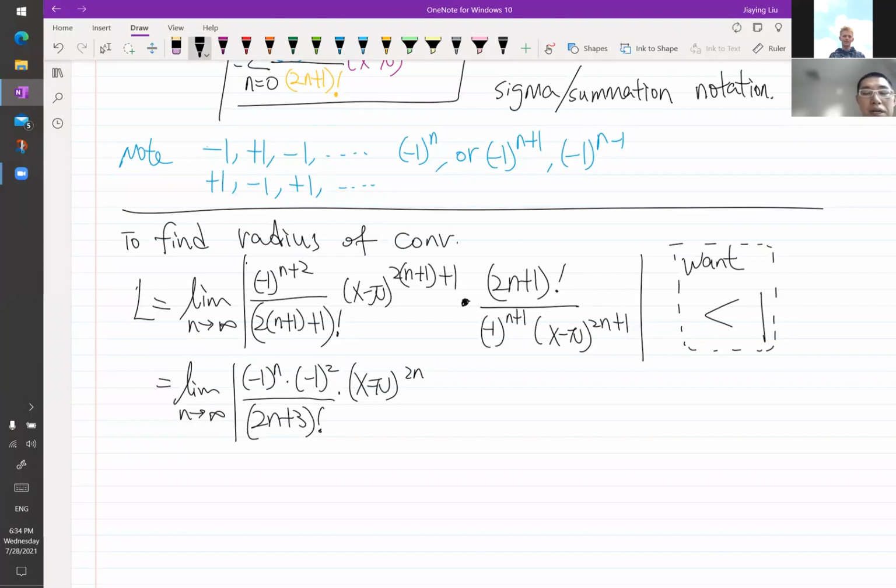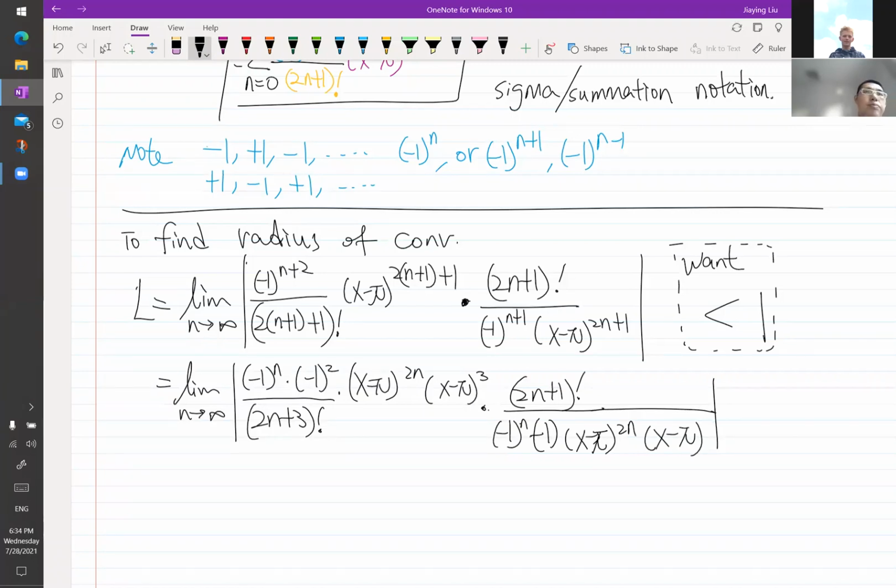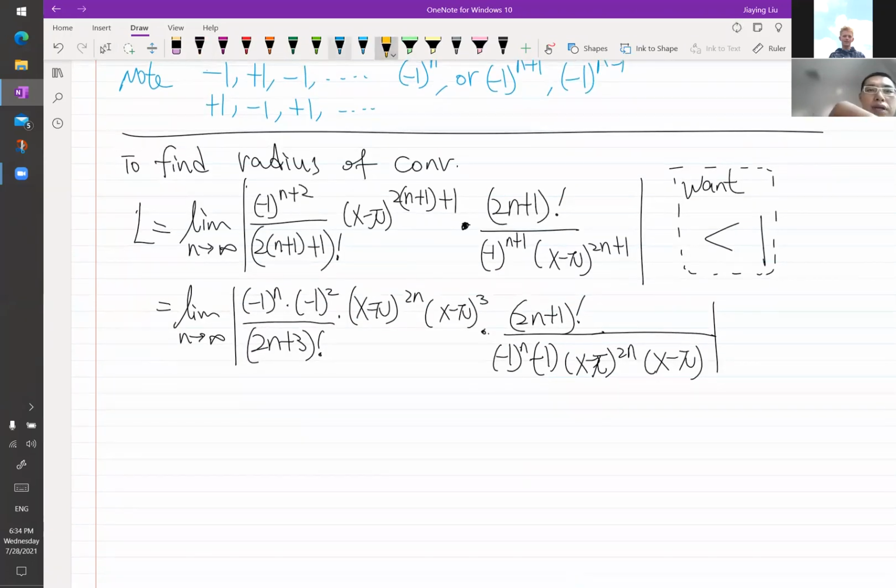I'm going to write this as (x minus pi) to the 2n times (x minus pi) to the third power, multiplied by (2n plus 1) factorial, (-1) to the n, (-1) to the first power, and then (x minus pi) to the 2n times (x minus pi) to the first power. This is just the way I like to write it, to make it easier to cancel terms and see what's going on. So if we take the limit, just cancel as much as you can.